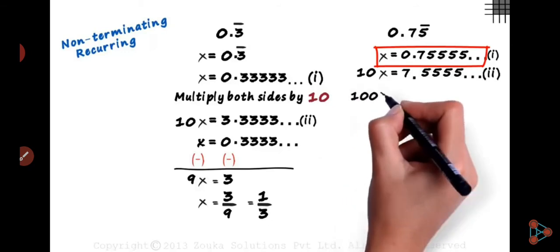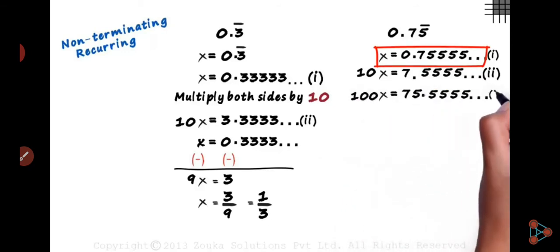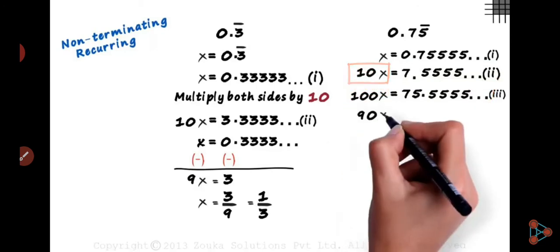So if we multiply by 100 on both sides, it becomes 75.555. This is your equation number 3. Now it's time for equation 2 and equation 3.